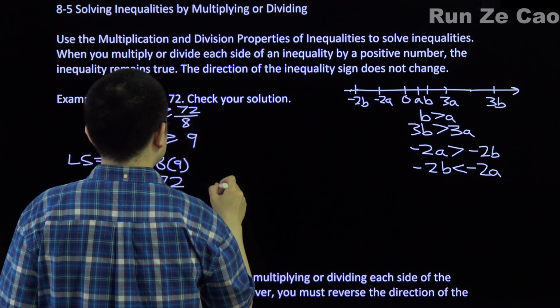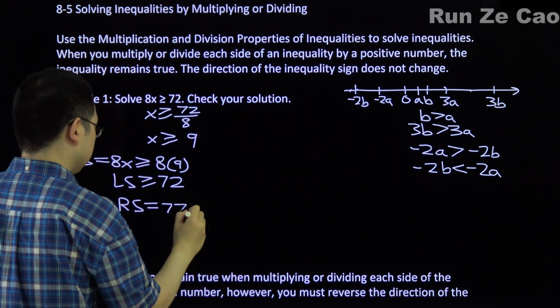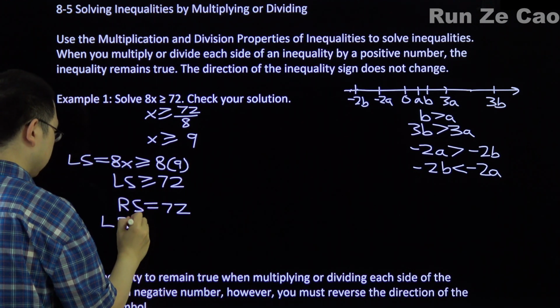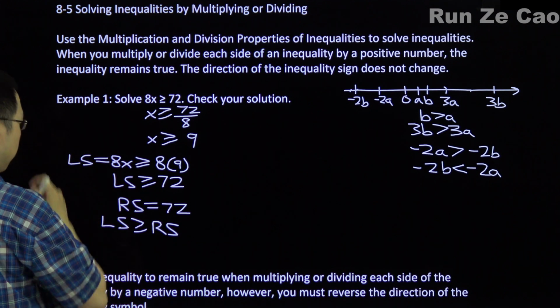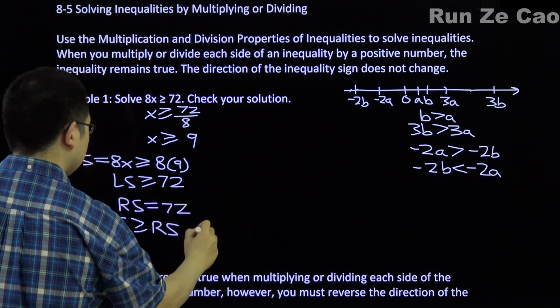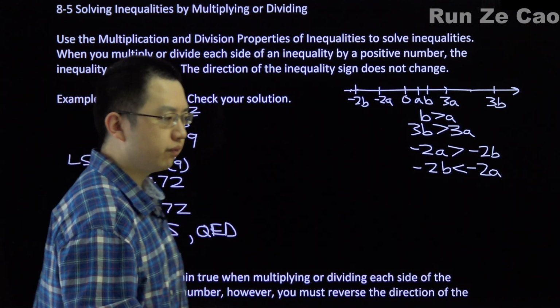Now the right side equals 72. Left side is greater than or equal to right side. Quod erat demonstrandum. What is asked has been shown.